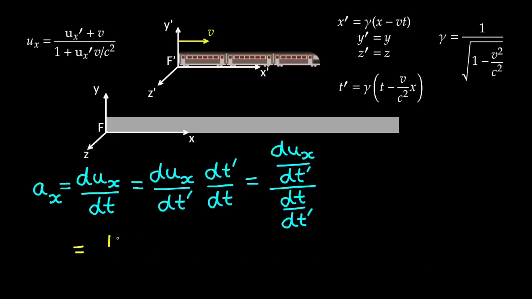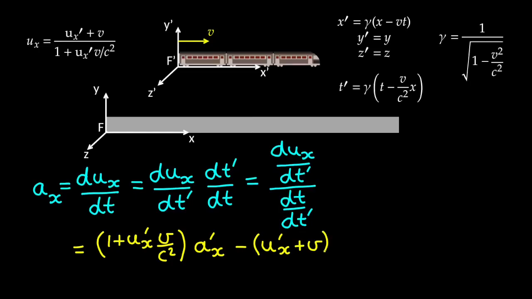So we have the low expression, which is 1 plus ux' v on c squared, times the derivative of the high expression, which is dux'/dt', the acceleration in the primed frame, and then minus the high expression, or expression in the numerator, being ux' plus v, times the derivative of the lower expression, which is dux'/dt', or the acceleration in the primed frame, times v on c squared.